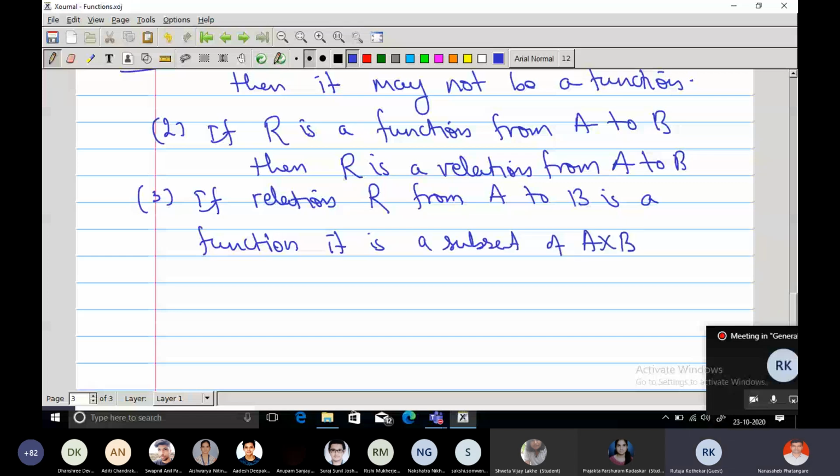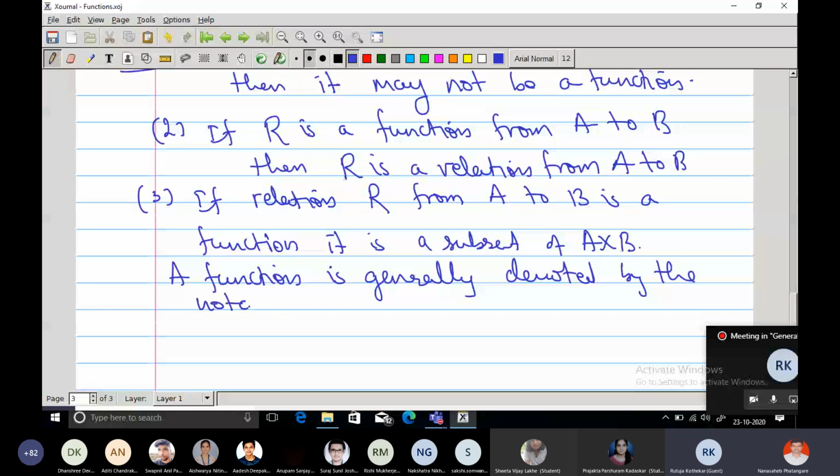It is a subset of A cross B, and a function is generally denoted by the symbol or notation f. So the notation for a function we generally use is f.